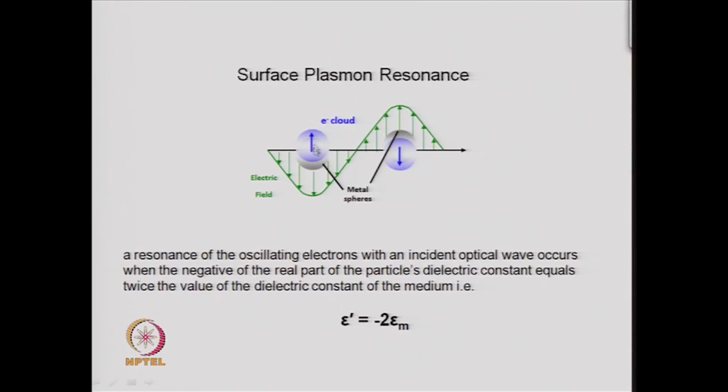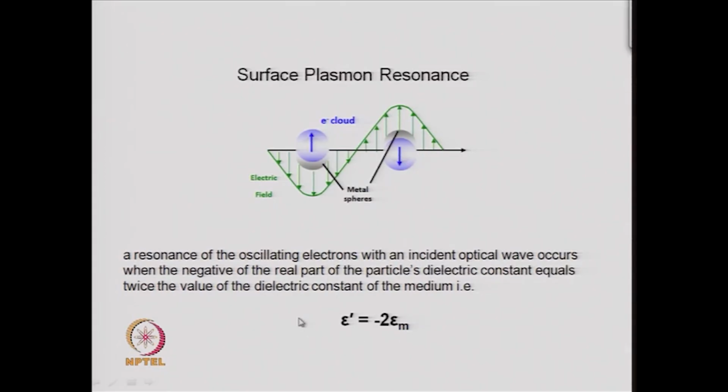So, this is the oscillating electron cloud. It is up there and down there, and that will oscillate such that there will be a resonance between the incident light wave or the optical beam, and that can happen exactly when this value matches.